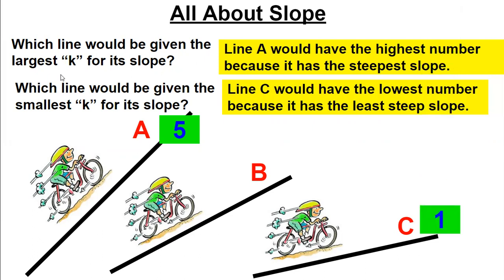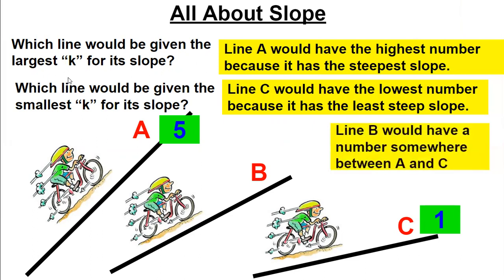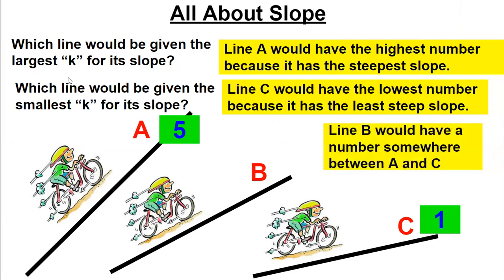So we'll give it a number of, let's say, 1. And what about B? What number do you think we could give B? Well, something less than 5 but greater than 1. Line B would have the number somewhere between A and C, so let's give it the number 3. So you see how the numbers relate to the steepness of the graph.